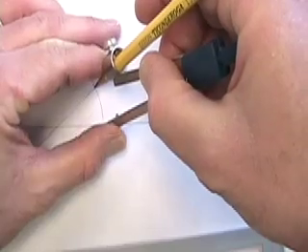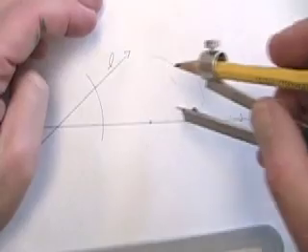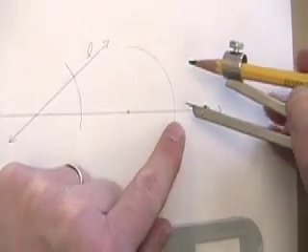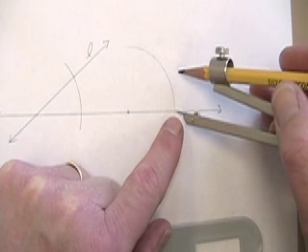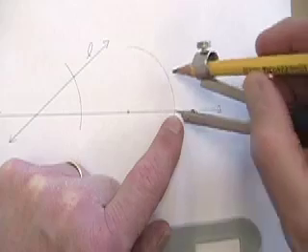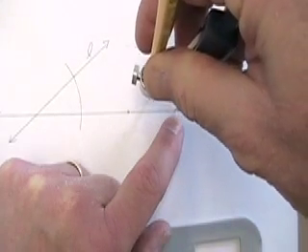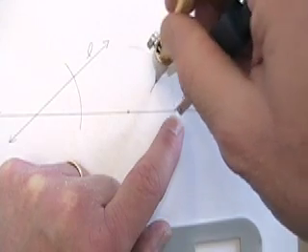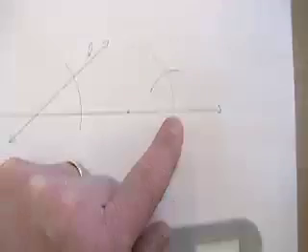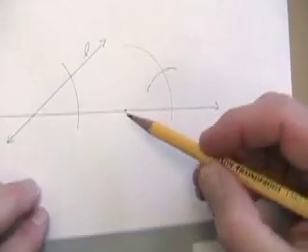So I carefully get that distance, and now I'm going to go back over to the other arc I've prepared, look at where that arc intersects the line, put my point of the compass right there, and now draw another arc. So I'm drawing another arc which intersects that first one.